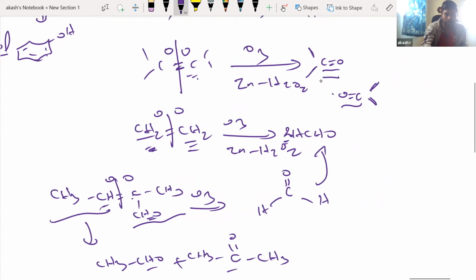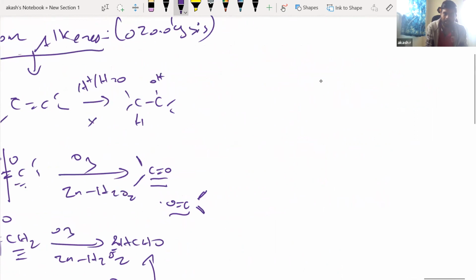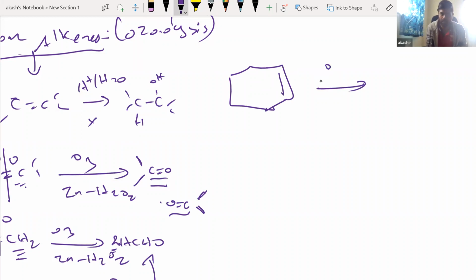Depending on what kind of double bond you have. Now, you do something. I'm going for a cyclo compound. Let me draw this again. I have a double bond here. Go for it, people. I want to know what the ozonolysis product is. Nothing changes. The same trick will help you here also. Tell me, and you can click a picture and send me the answer on WhatsApp, whatever you get.